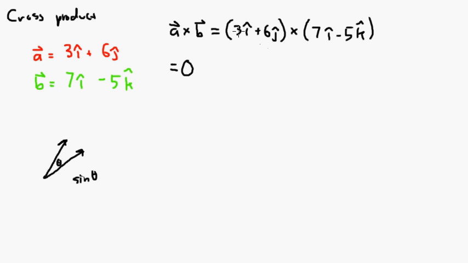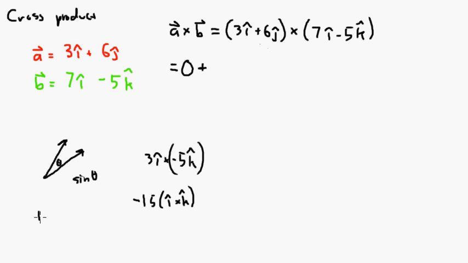Okay, then I do outer, so I do 3 i hat cross negative 5 k hat. And this is kind of the annoyingly hard version of this. You'll get better at this as you go along. So I've got my 3 times my negative 5, so I'm going to make this negative 15 i hat cross k hat. Now I've got to remember, I know that's going to be positive or negative j hat.